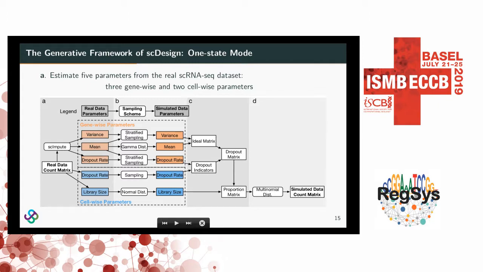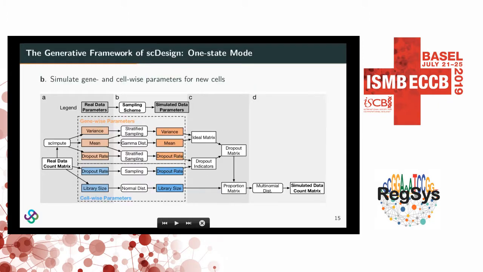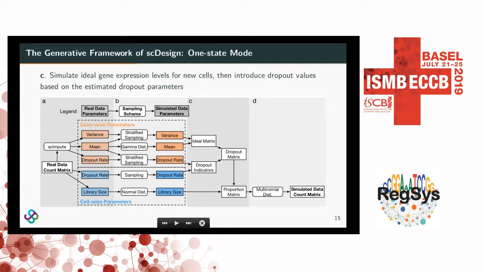And after estimating those 5 parameters, we will use sampling to simulate gene and cell-wise parameters for new cells. And these are in the dashed box. With those simulated or sampled new parameters, we'll generate an ideal gene expression matrix in those new cells. And also, we will generate a dropout indicator matrix to indicate which values will likely be dropped out.